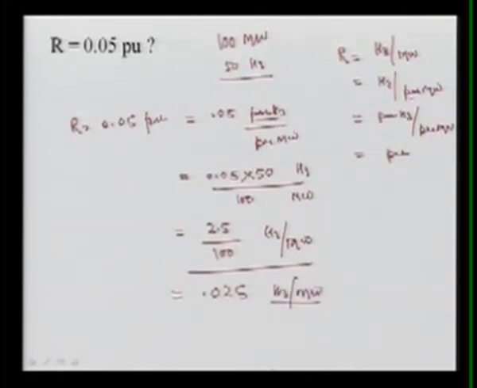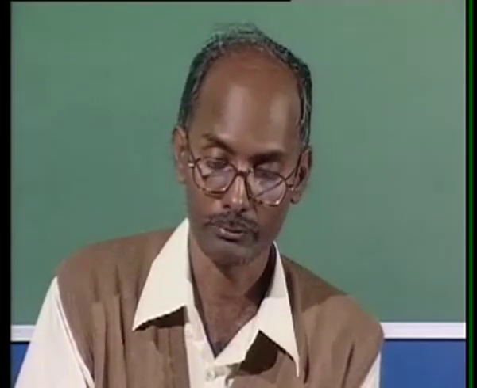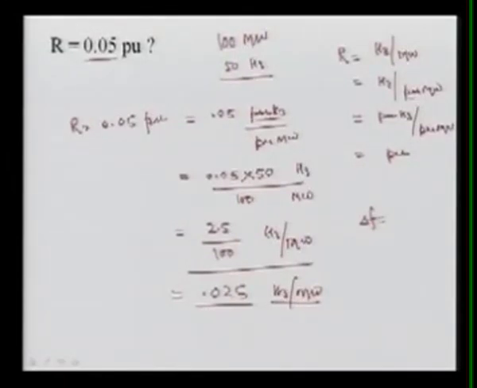So this is very, very important. We started with 0.05 per unit, but the actual value is this one. It means if you change the power by 1 megawatt, there is a change of 0.025 hertz in the system frequency. As I said, we had the relation that the change in frequency is minus R times the change in turbine power, so it has a negative sign.